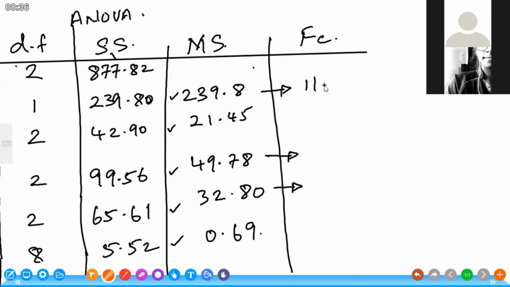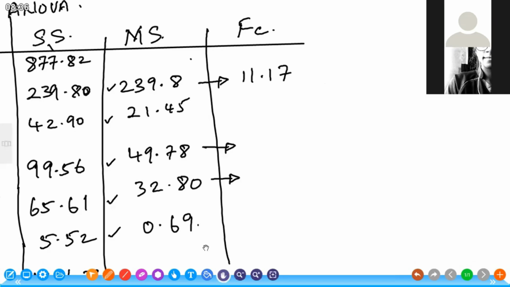Why did you get 11.17? Can you explain? Mean square of A divided by mean square of error A. That is good. So this is mean square of A divided by mean square of error A. That is why you are getting that value.